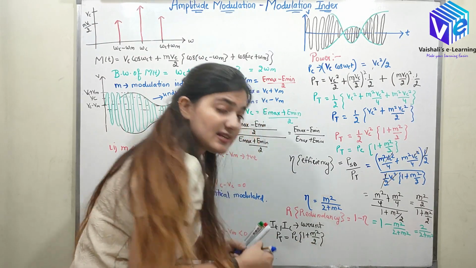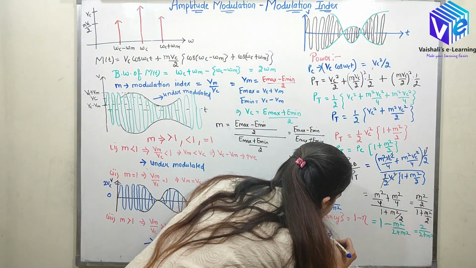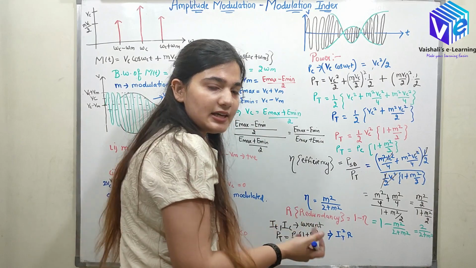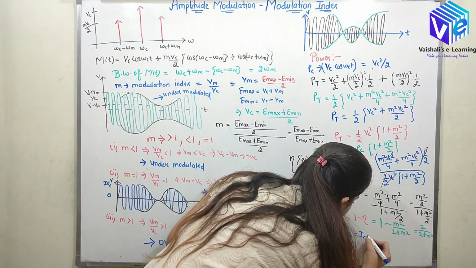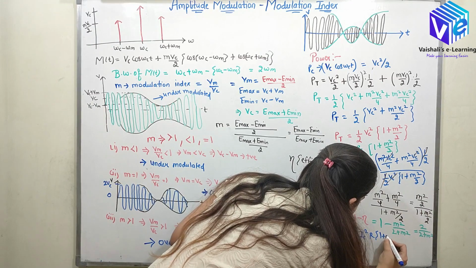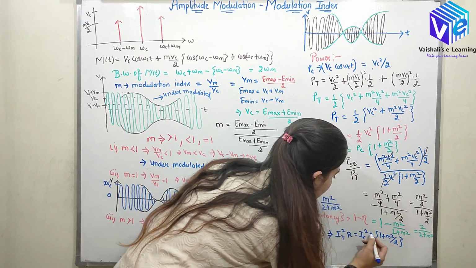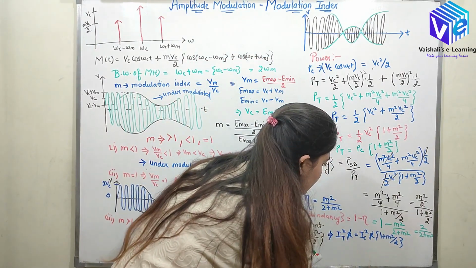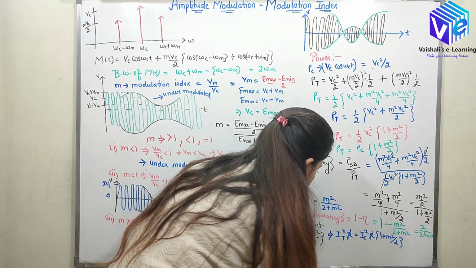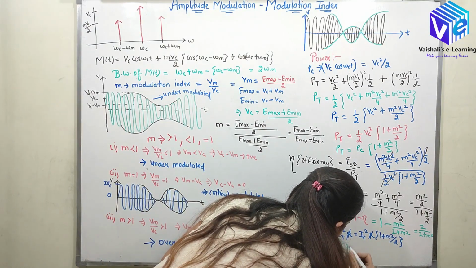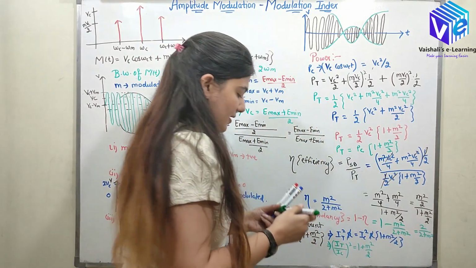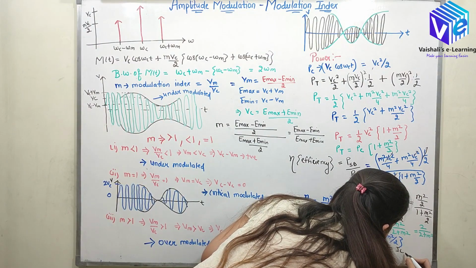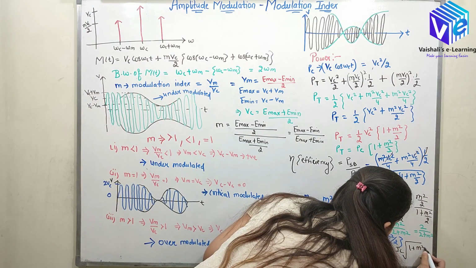So I know power is represented by the formula I square into R. So IT square into R, where R is the radiation resistance of the antenna, and IC square R into 1 plus m square upon 2. So now this R and this R will get cancelled out and I'll get IT upon IC whole square is equal to 1 plus m square by 2. So now from here I can calculate IT is IC into under root 1 plus m square upon 2.